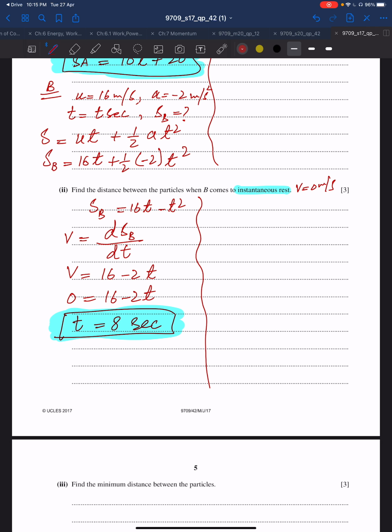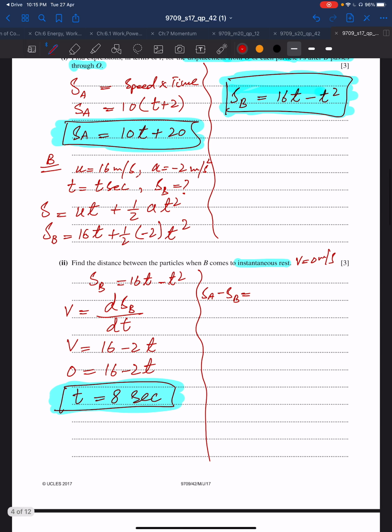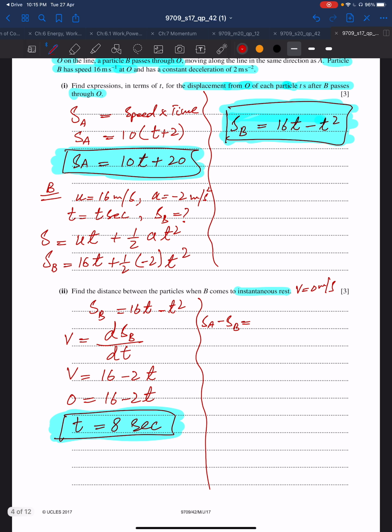So we'll find out the difference between their displacements. What is the difference between their displacements? S of A minus S of B. S of A is 10t plus 20, and S of B is 16t minus t square.